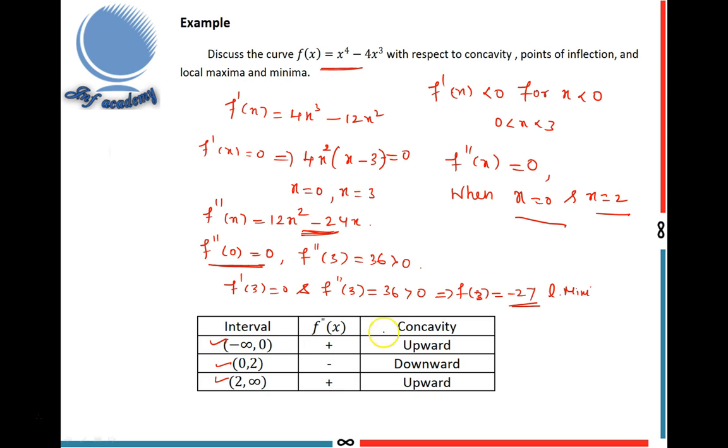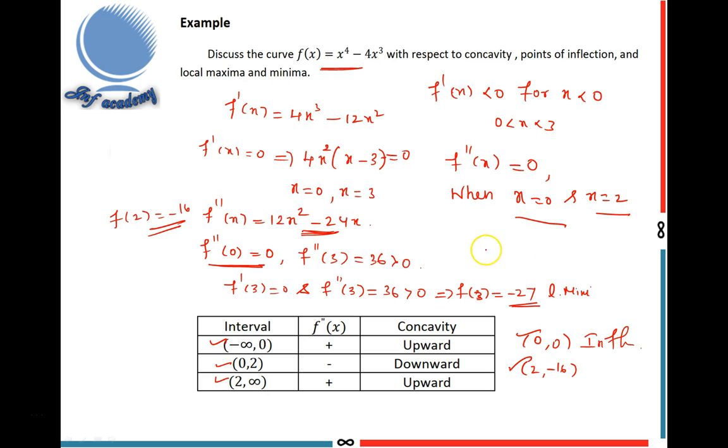Next, similarly 2 comma minus 16 is also an inflection point, because f of 2 is minus 16, and the curve changes from concave downward to concave upward. So here 0 comma 0 and 2 comma minus 16 are the inflection points.